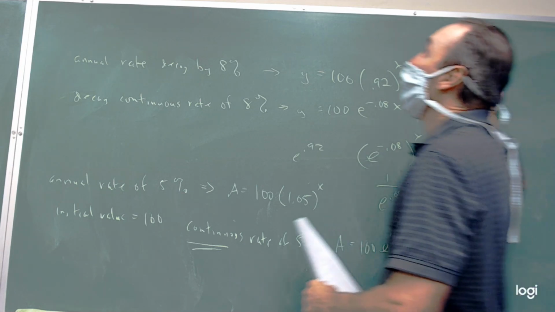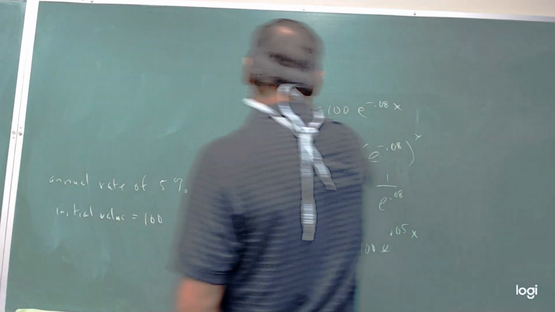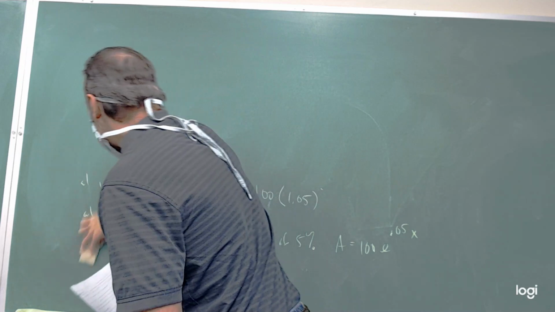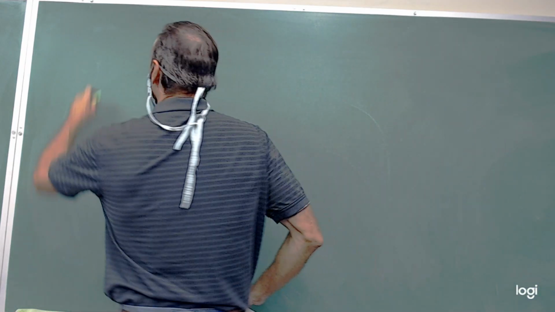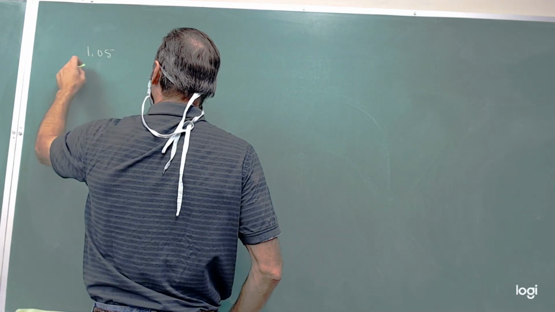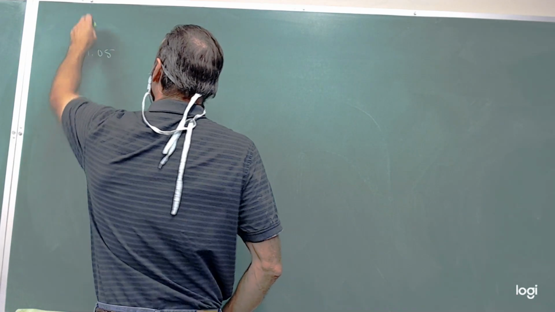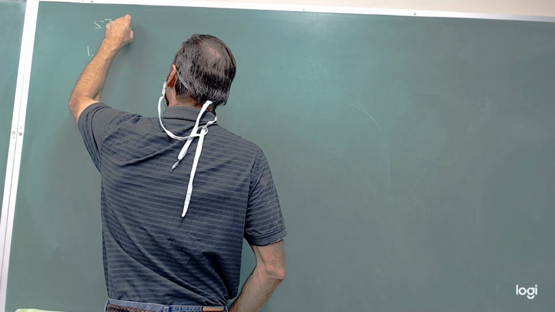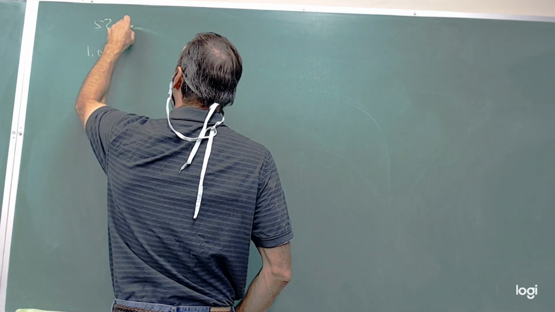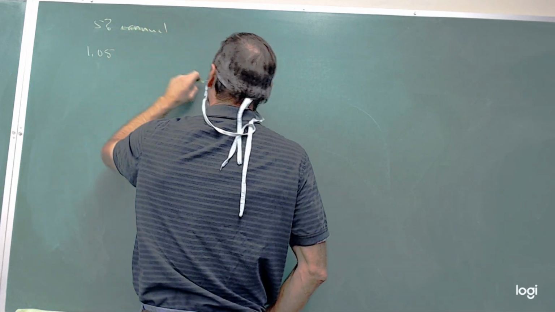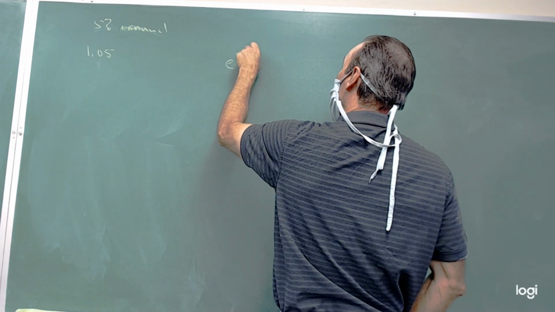Okay. So let's see how they compare. So 1.05 is our 5% annual interest. And how does that compare to e to the 0.05?